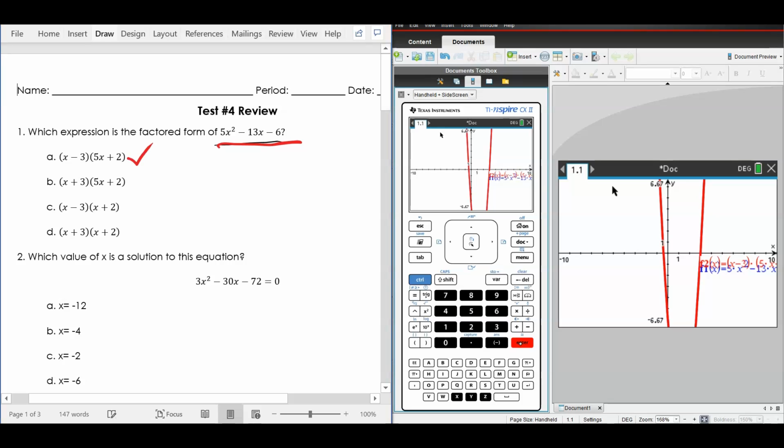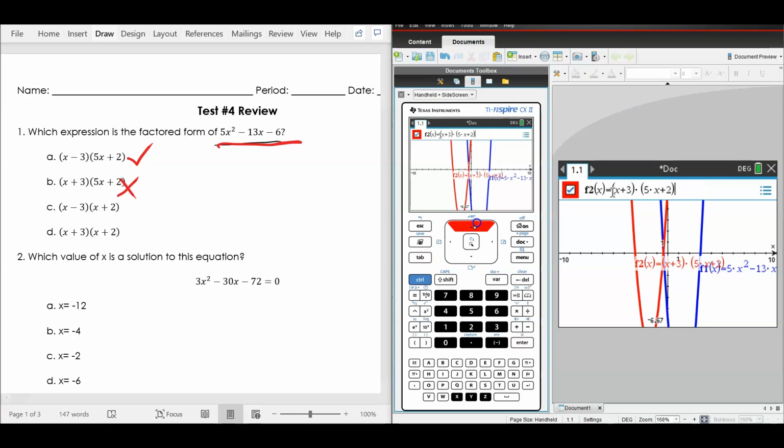Okay, that's good, right? If I hit tab and go back up and edit this one, let's try letter B, x plus 3, 5x plus 2. So if you have one that's not it, you'll see two different graphs. Those graphs are not what we're looking for. So if we can get minus 3 here, then this is just x plus 2. Okay, cool.